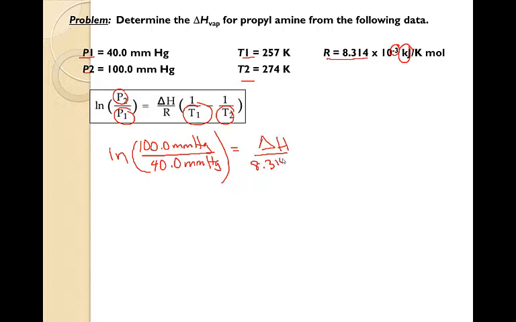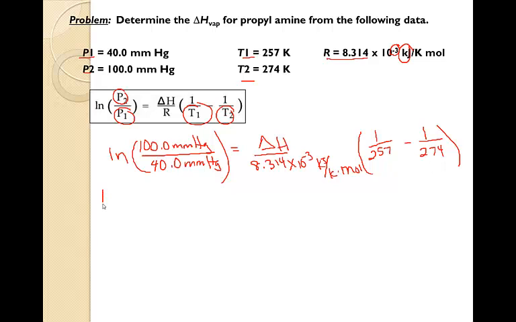8.314 times 10 to the negative 3 kilojoules per Kelvin mole, times 1 over T1, which is 257, minus 1 over T2, which is 274. So first let's divide 100 by 40.